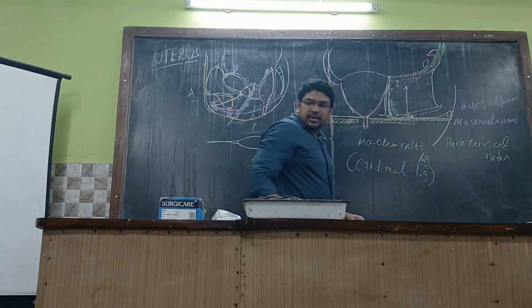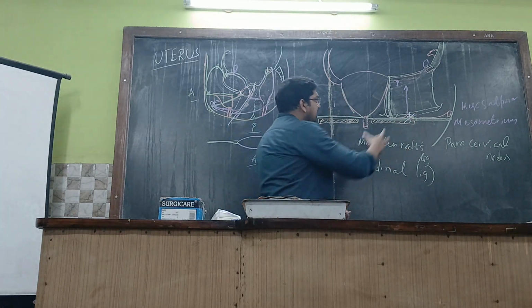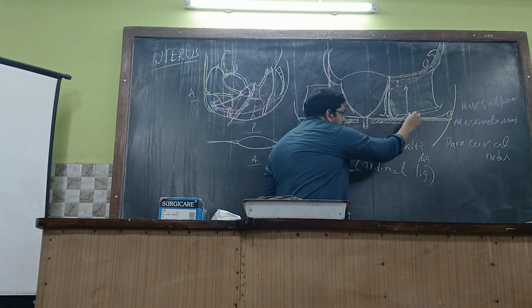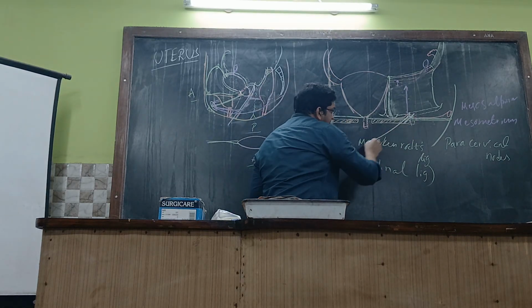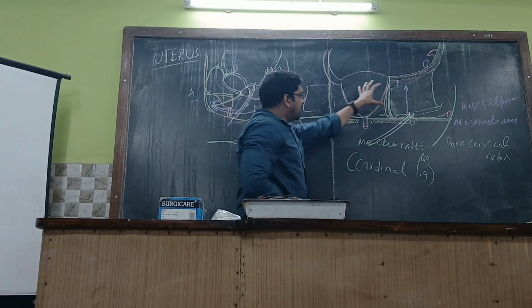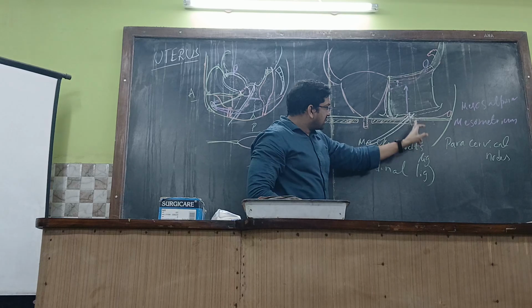During this time, the doctor may clamp the ureter also, or during removal of the uterus, he may cut the ureter also. Whenever the ureter is passing towards the urinary bladder, and he is removing the uterus along with the ligaments, he may cut the ureter.